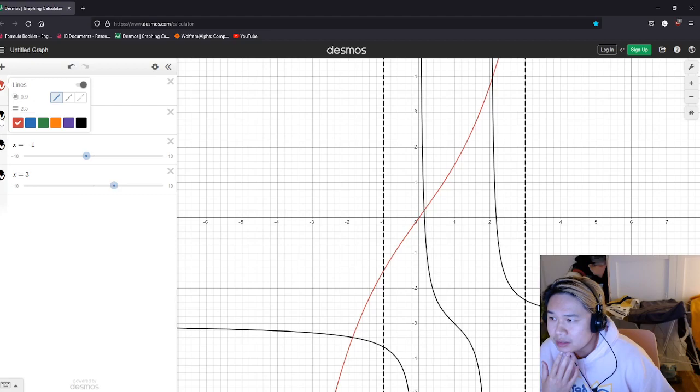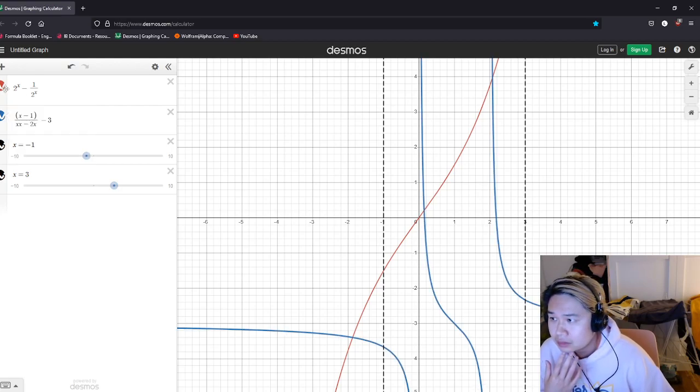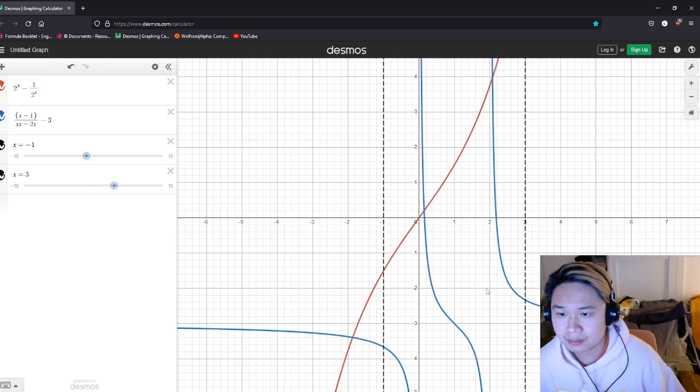Hold on, and then let me just choose nicer colors and thicker lines for the sake of demonstration purposes.